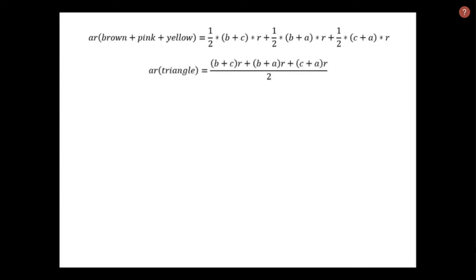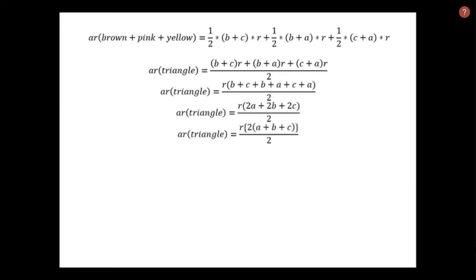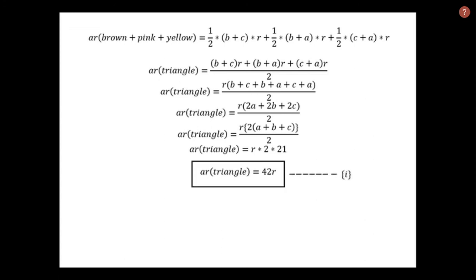So we simplify and we get r times 2 times (a plus b plus c) by 2. Now we know that (a plus b plus c) by 2 is the semi perimeter, so in our case the area of the triangle is equal to 2 times 21 times the radius. So the area of the triangle is equal to 42r, where r is the radius of the circle. We call this equation 1.